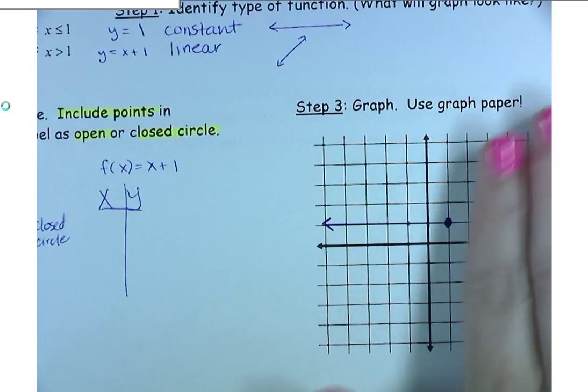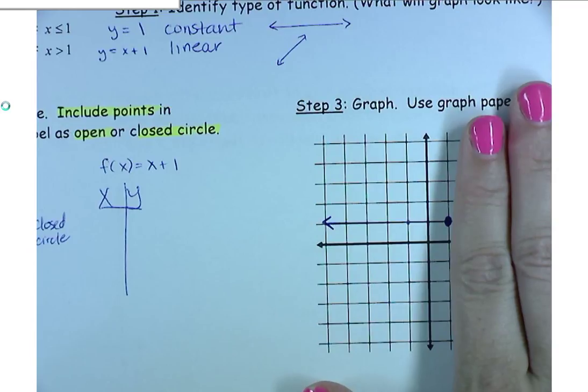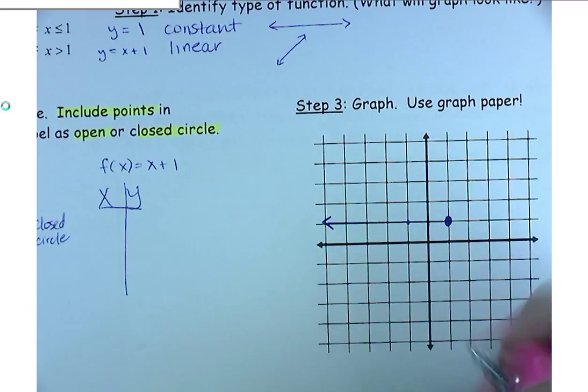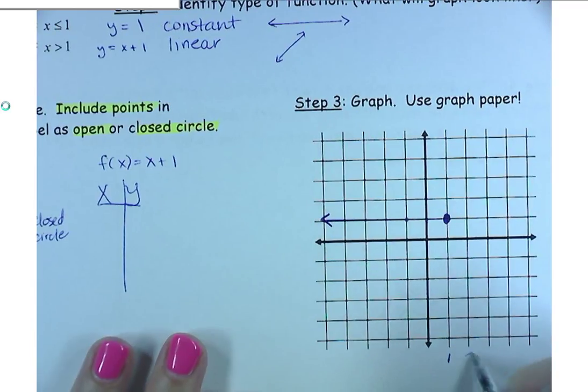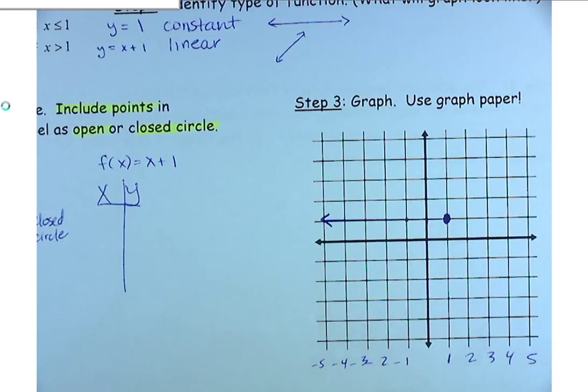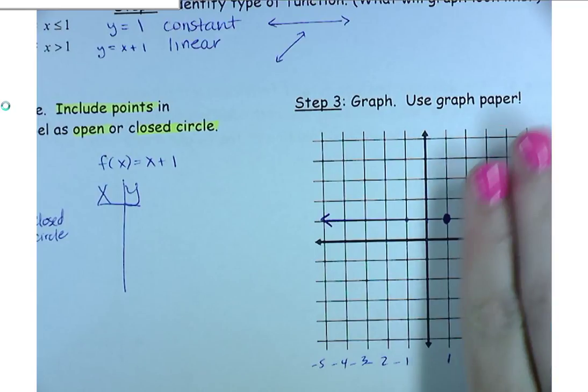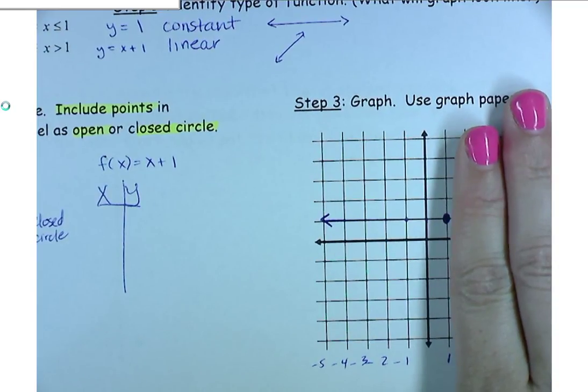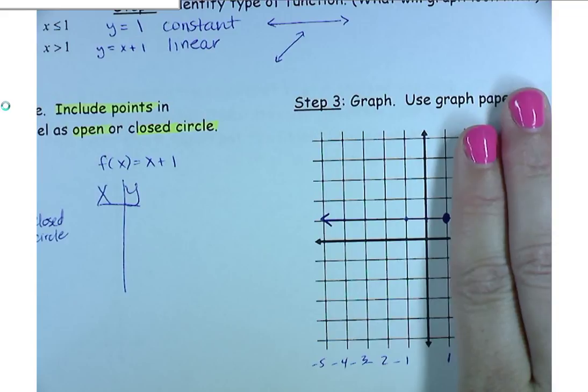Because we're only looking at it from 1 and less than 1, we're only going to graph that from 1 and then all the numbers below. So from 1 to negative infinity.